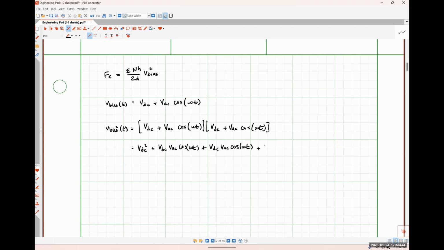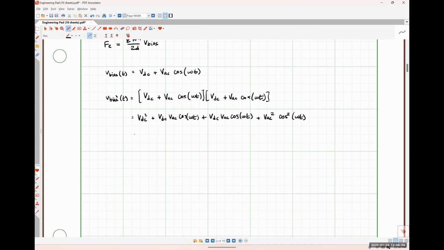And then I'm going to have a V_AC squared cosine squared omega t. So as an intermediate step, I'm going to have a V_DC squared plus twice V_DC V_AC cosine omega t.